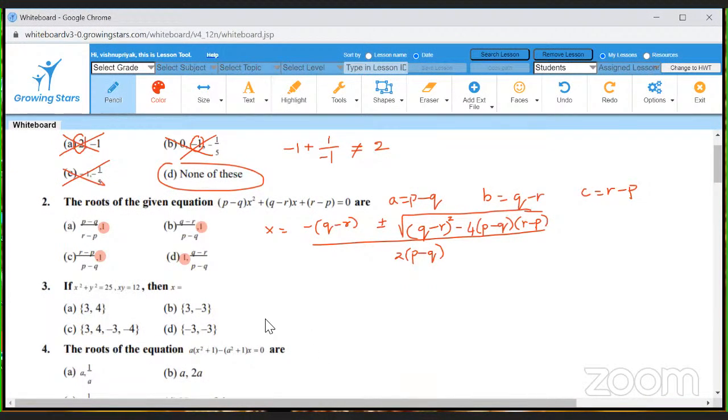You have to solve this and see what answer you will get. So how are you going to simplify this?